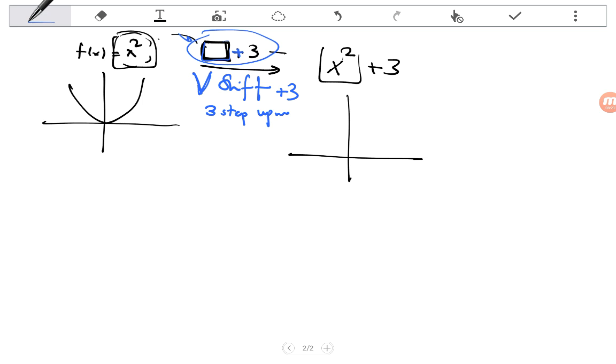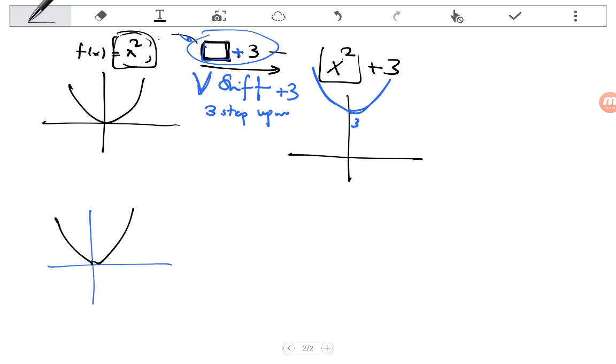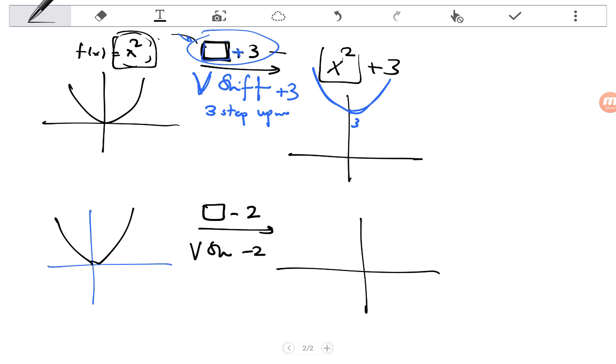Now we are talking vertical, so it will be either upwards or downwards. In this case, the function starts from 3 like this, and so on. If I have x squared and I make it minus 2, this is a vertical shift of minus 2.